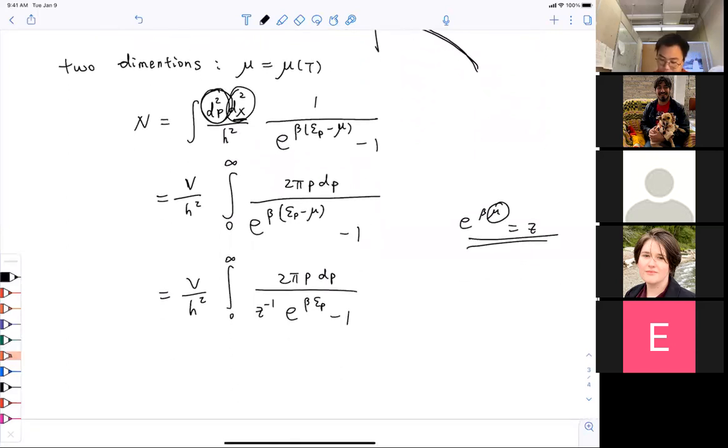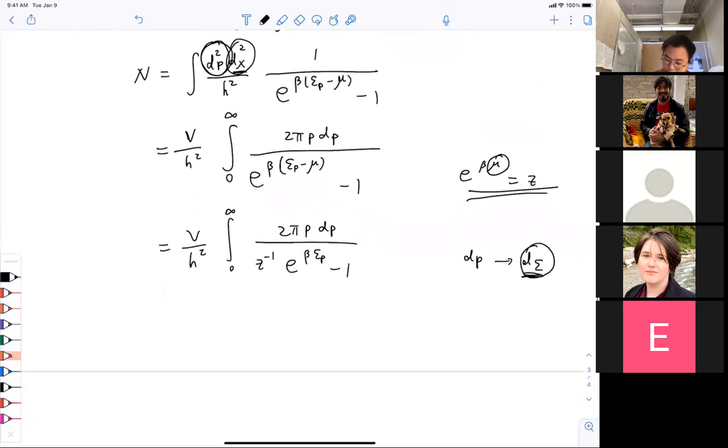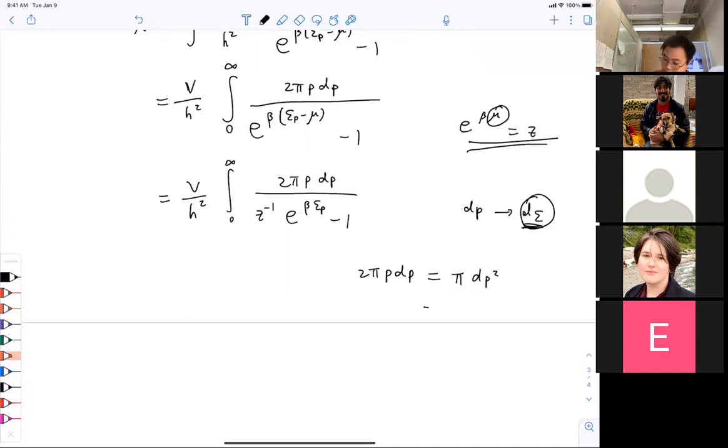Right, now we convert dp to d epsilon. Basically, we just add the density of states in front of this d epsilon, right? So how to achieve that? It's also easy. It's 2 pi p dp. We know this is just pi d p squared, right? Remember the spectrum looks like p squared over 2m.